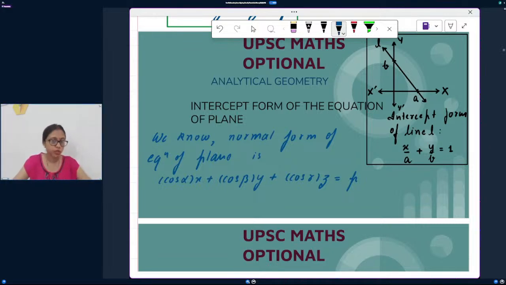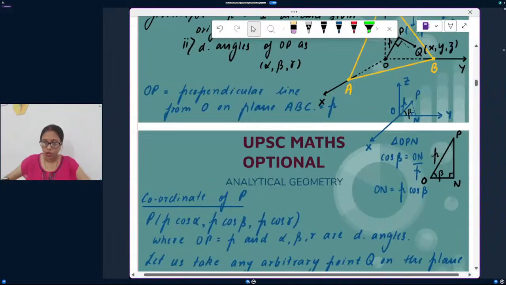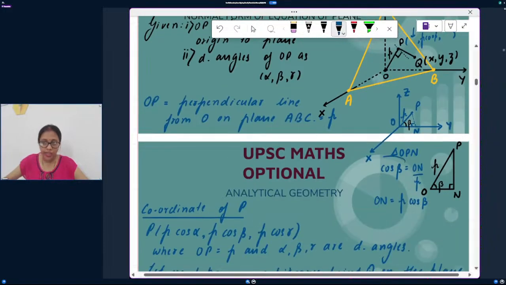What is cos alpha, cos beta, cos gamma? Cos beta was on by p. What was on, by the way? On was actually y, right? That's why y was actually p cos beta.